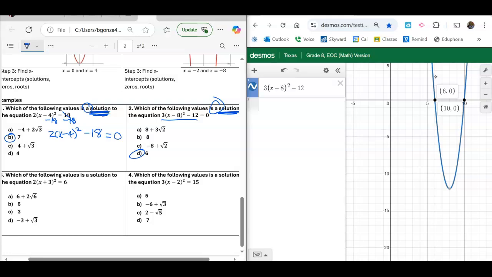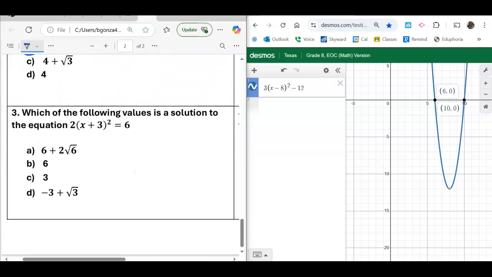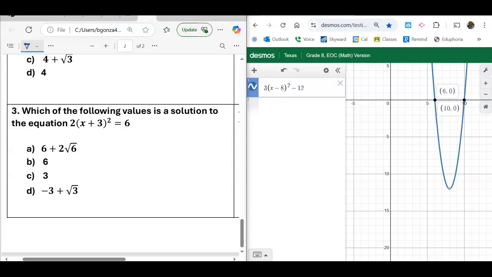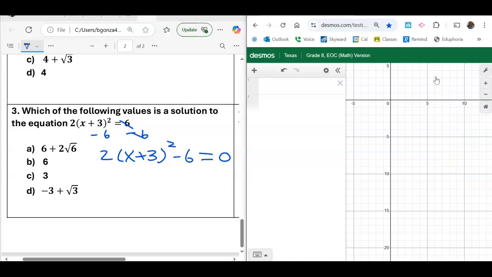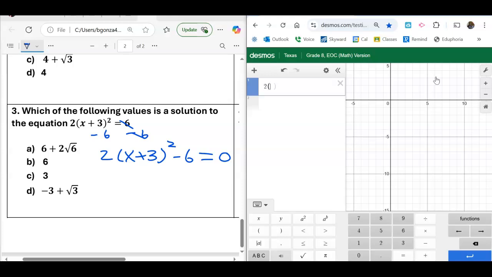Okay. Now, so far, this has been easy, right? So let me make it one little tiny bit spicier, and that'll be it. So this one is not equal to 0. Number 3. Get rid of equals 6 by subtracting 6. It equals 0. 2(x plus 3) squared minus 6.